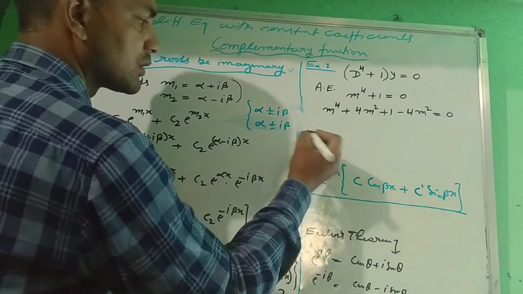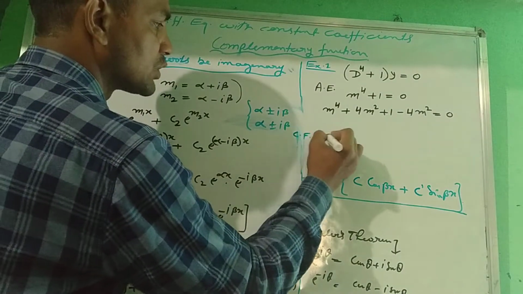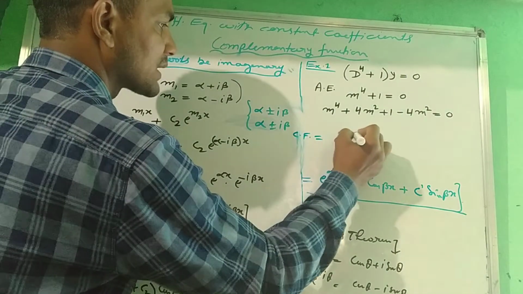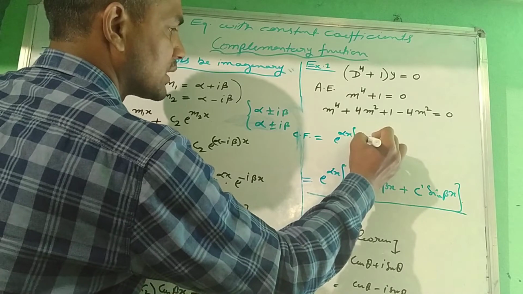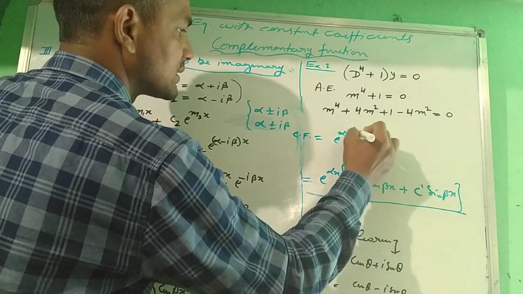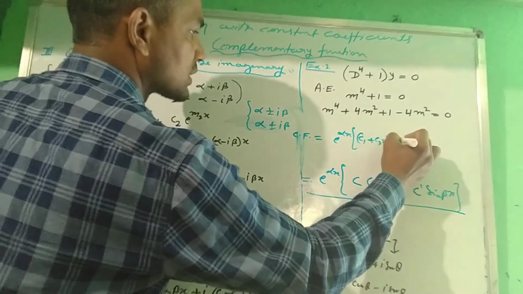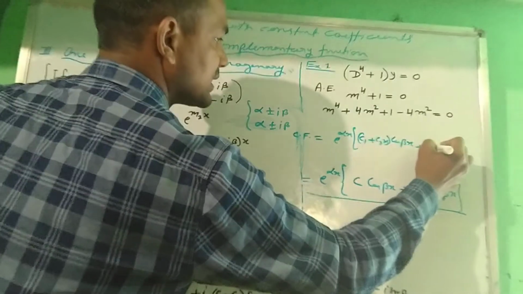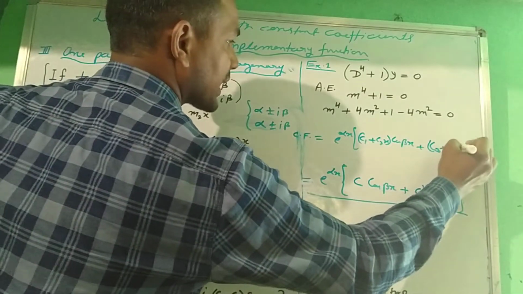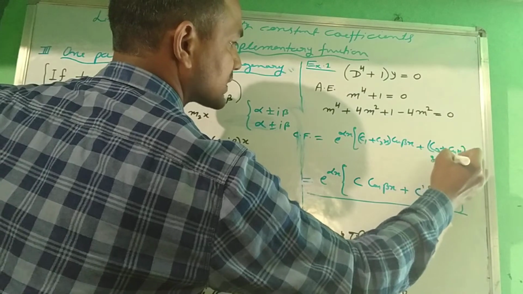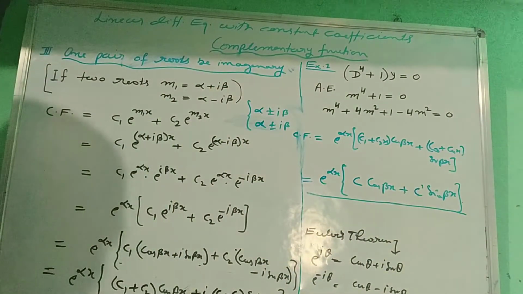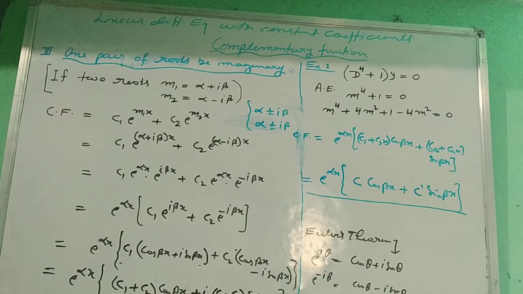Then the complementary function of this equation equals e to the power alpha x times c1 plus c2x cos beta x, plus c3 plus c4x sine beta x. Okay, this is the method for calculating the complementary function for complex roots.